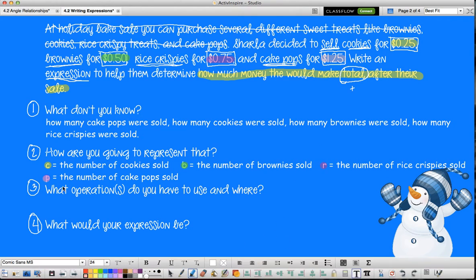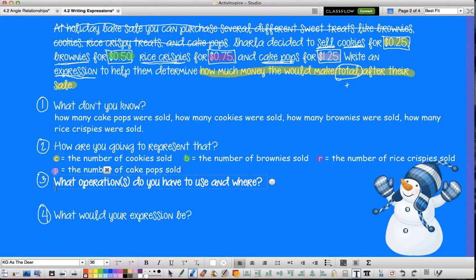So now I know that if I had known how many cookies were sold, I would have taken that and multiplied it by 25 cents. But since I don't know, I have to multiply the variable and the 25 cents. So I have to multiply the number of cookies sold and their cost, 25 cents.